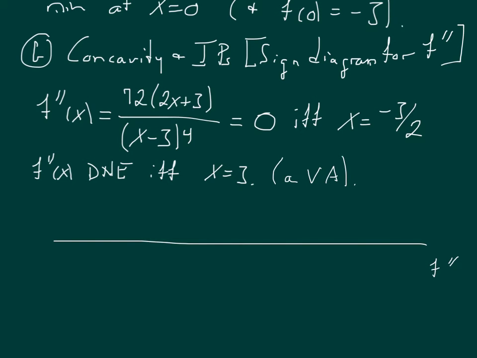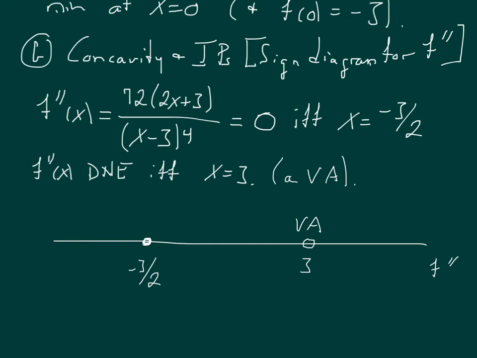F prime prime didn't exist at 3. That was our vertical asymptote. And it was 0 at minus 3 halves. So put a solid circle there, at minus 3 halves. I'll let you check the sign of f prime prime on each of these intervals.